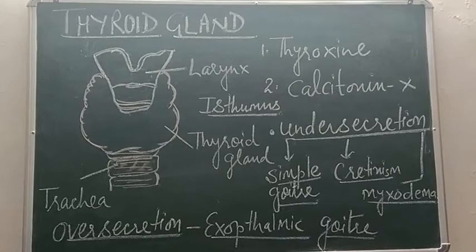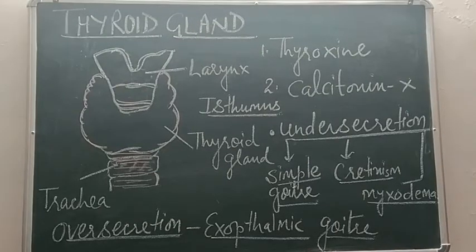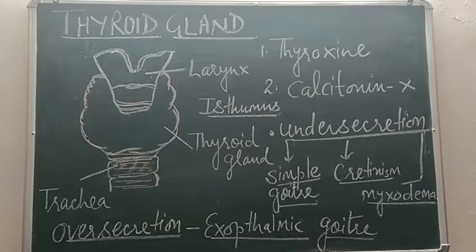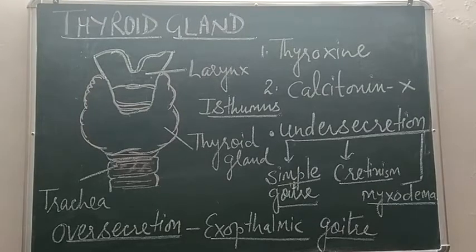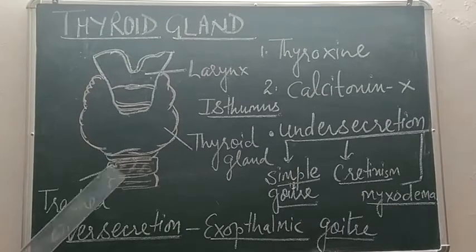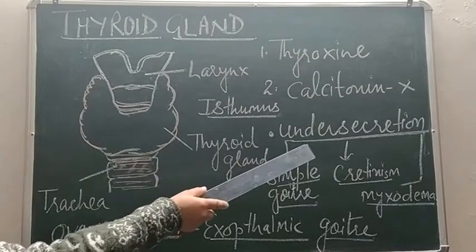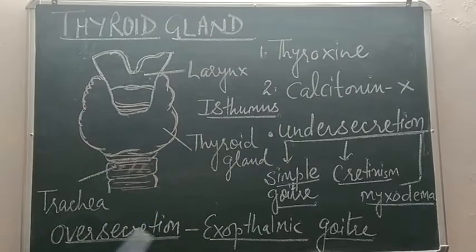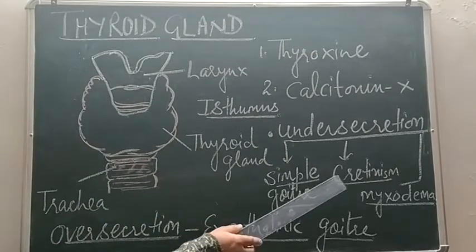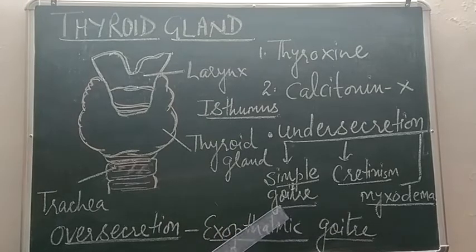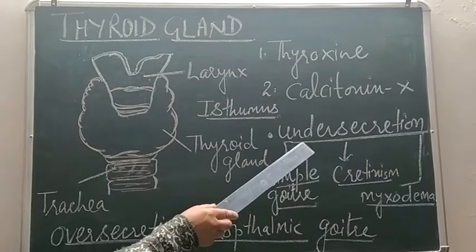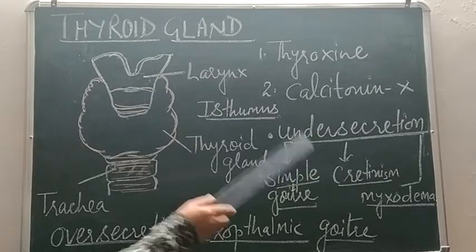Thyroxine regulates the BMR, the basal metabolic rate of carbohydrate, fat and protein metabolism. What will happen if there is under secretion of this thyroxine hormone? Under secretion is also known as hypothyroidism.